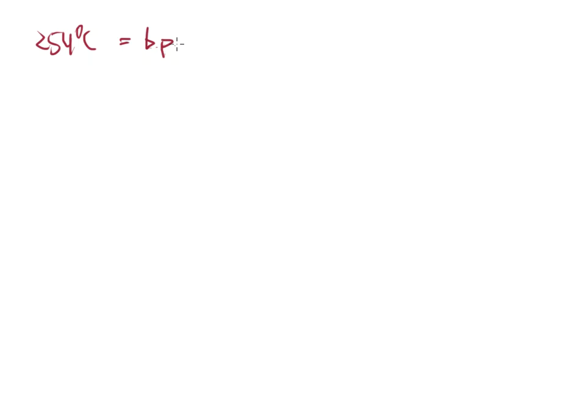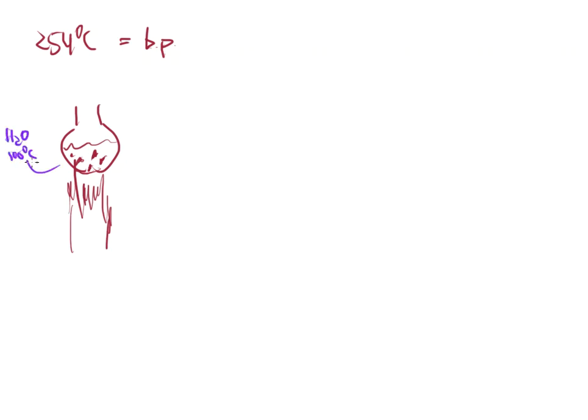Now, we're going to have a problem, because that means that if I take a flask and I basically fill that flask full of water with my clove buds on the inside, and I heat this water up, the issue here is that water will boil at 100 degrees, right? If this is water, it will boil at 100 degrees, and when it goes over 100, it begins to evaporate.